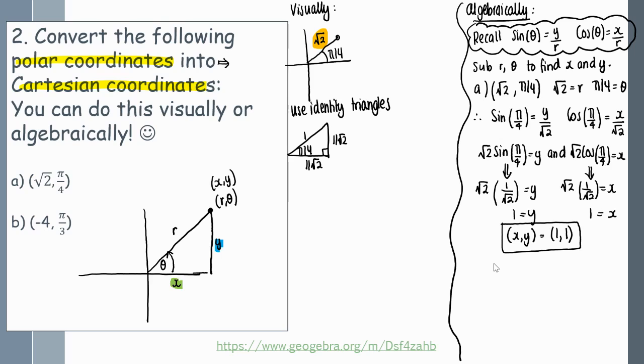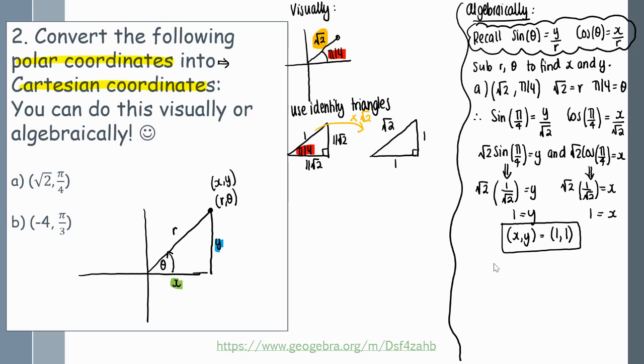Notice that I need that hypotenuse length to be root 2 if it's going to match my polar coordinates up the top. Using similar triangles, I'm going to multiply all the side lengths by root 2 so that my hypotenuse becomes root 2.